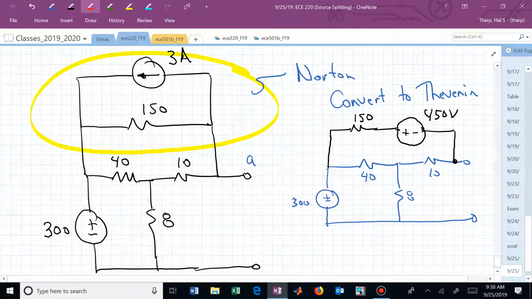Now what I want to do is play on that node. That node is always going to be fixed at 300 volts in the bottom piece and in the top piece. Let me pull it apart or split it and see what I get.